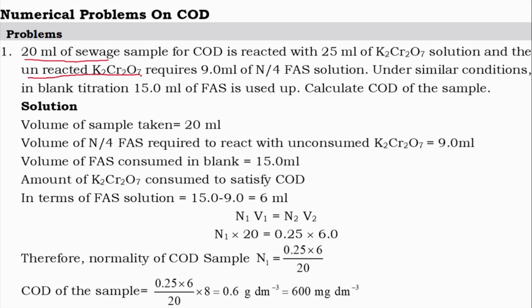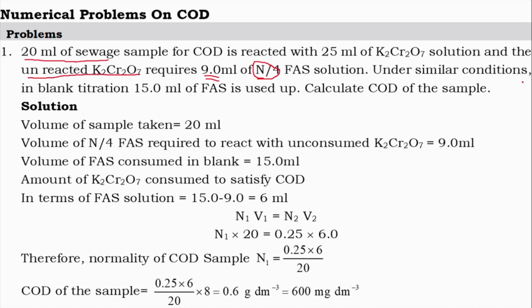So the left out K2Cr2O7, when it is titrated with a standard FAS whose concentration is N/4, requires 9 ml of the FAS solution. That means the unreacted K2Cr2O7 consumed 9 ml of the standard FAS solution.